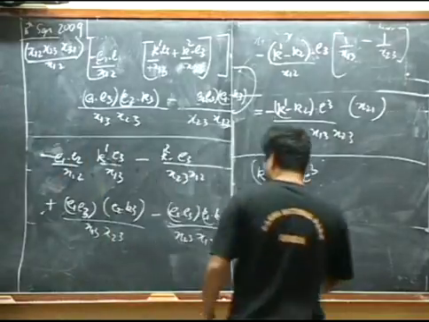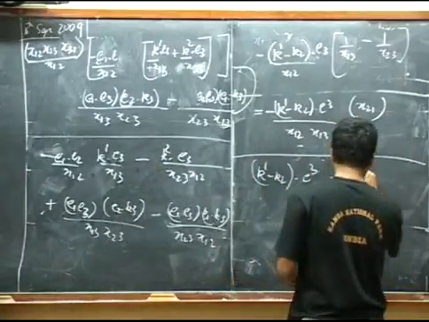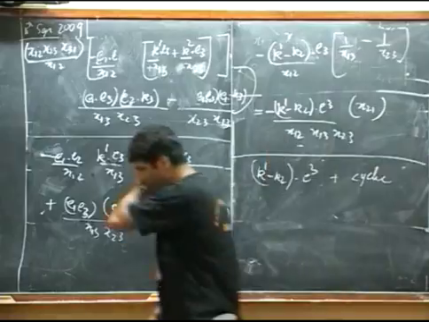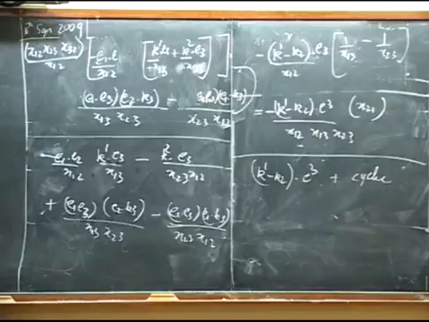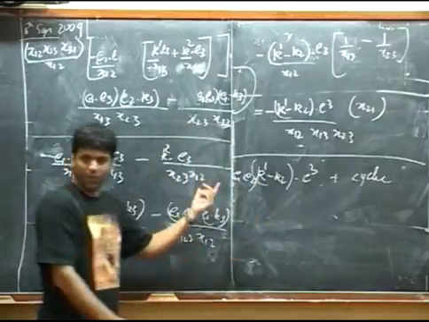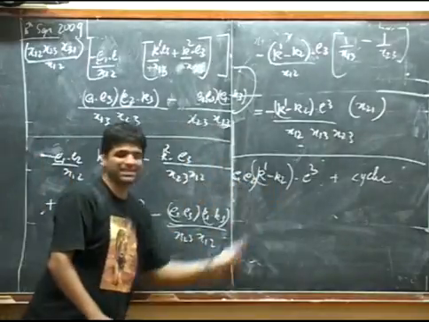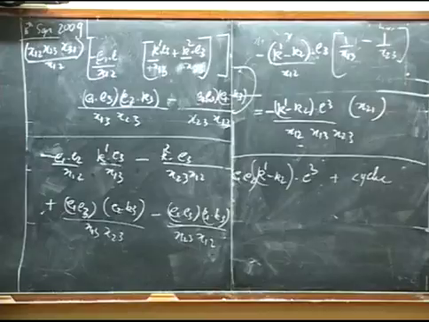Right? So these three terms are the sum of three terms of the form this plus cyclic. This of course was also multiplied by E1 dot E2. So all three terms have the same form. This is cyclic.